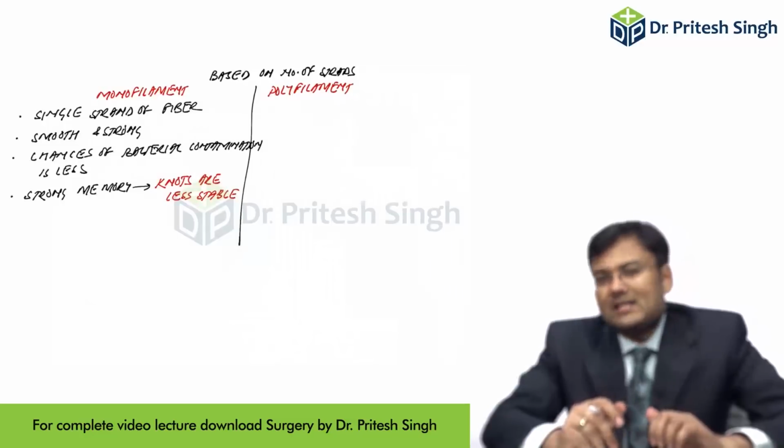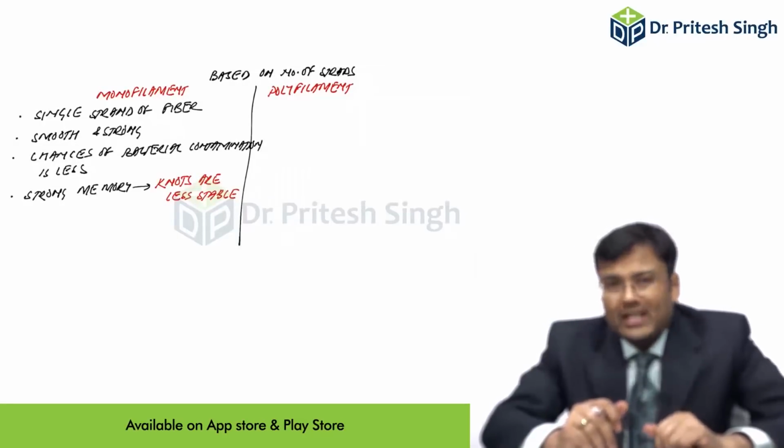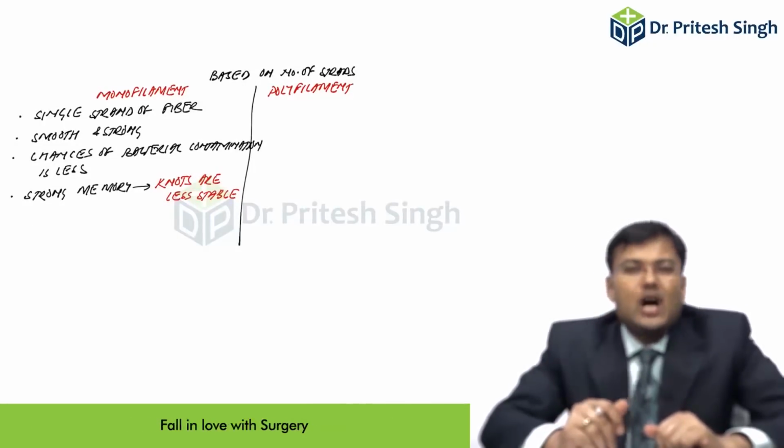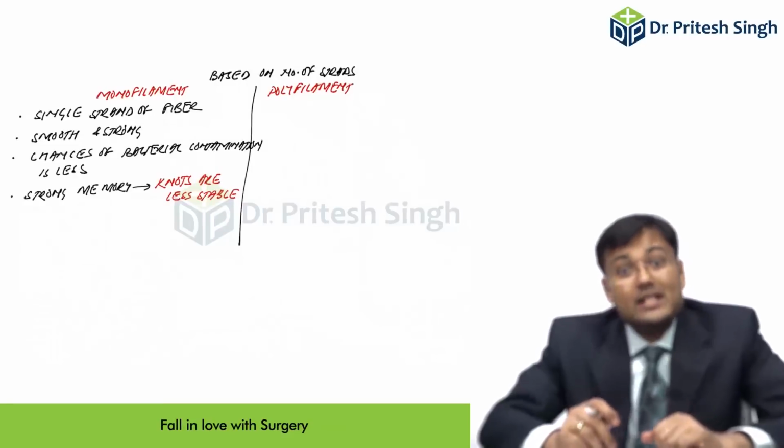That's why a question is asked that whenever we are using Prolene, especially for the rectus sheath, how many knots should be taken? Usually 6 to 8.